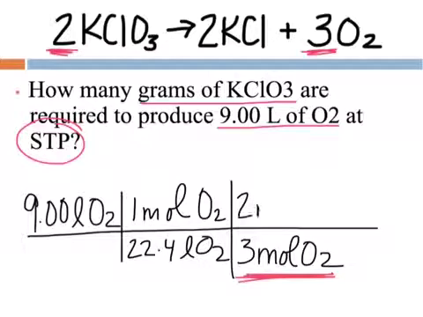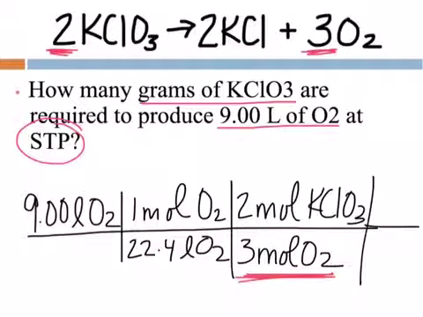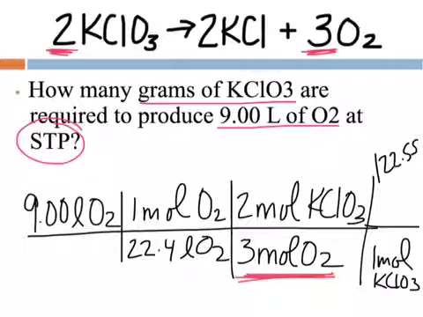So 2 moles of KClO3. The last step is to convert that back into grams of KClO3. Using my periodic table, I know that for every 1 mole of KClO3, there are 122.55 grams of KClO3.